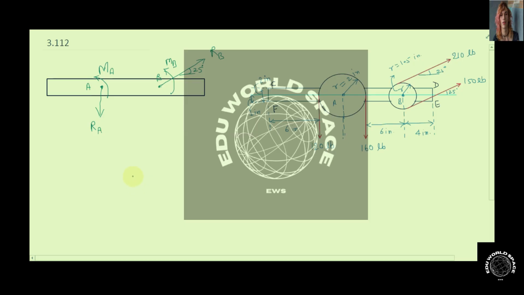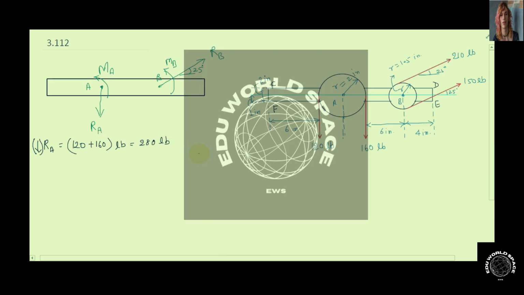So we have to calculate these values of RA and RB. RA can be calculated as, since two forces are acting on pulley A and both are in downward direction, considering the downward direction to be positive, RA will be 120 plus 160 pound, which is 280 pound.